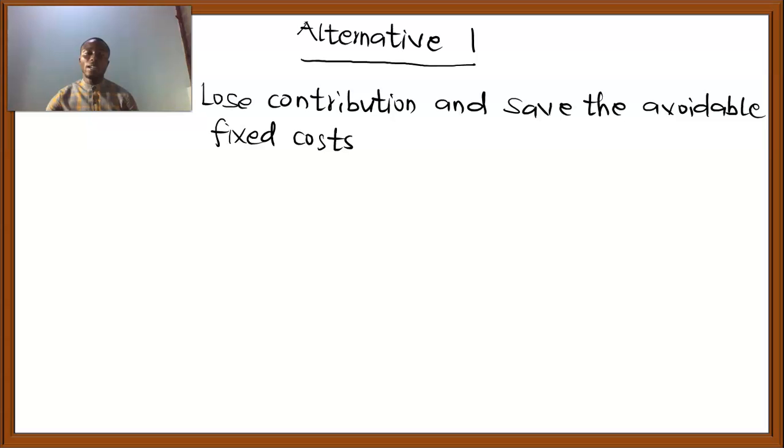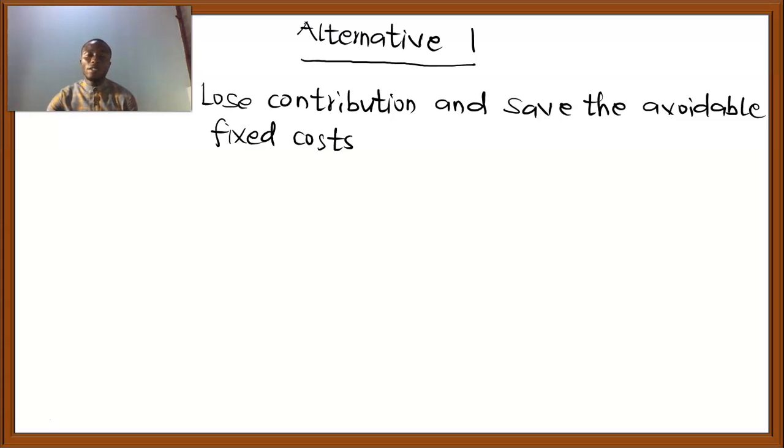So alternative 1, if you want to use it, then when you want to drop a particular division, you are going to lose the contribution from that division. And then also you are going to save the avoidable fixed cost pertaining to that division. Contribution, as you may already know, is the selling price minus the variable cost.